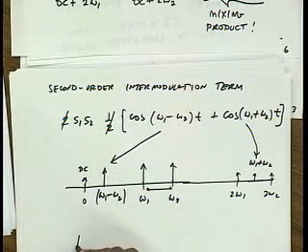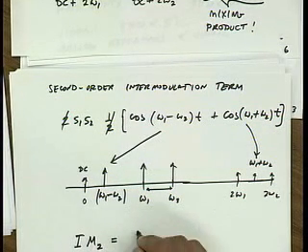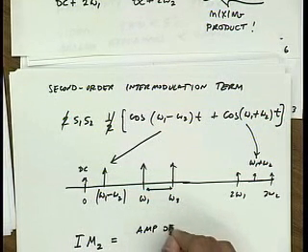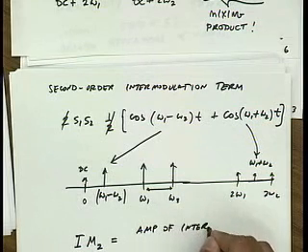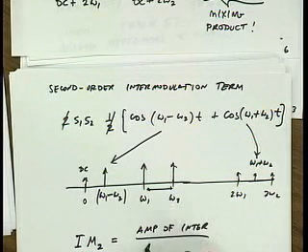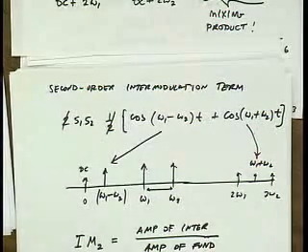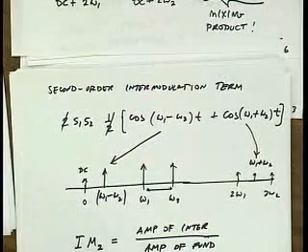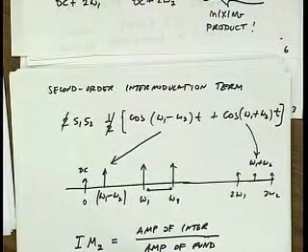So just like I defined an HD2, I can define an IM2. This is the amplitude of the intermod terms divided by the amplitude of the fundamental. What I'm going to do is make my input signal have two tones of equal amplitude.